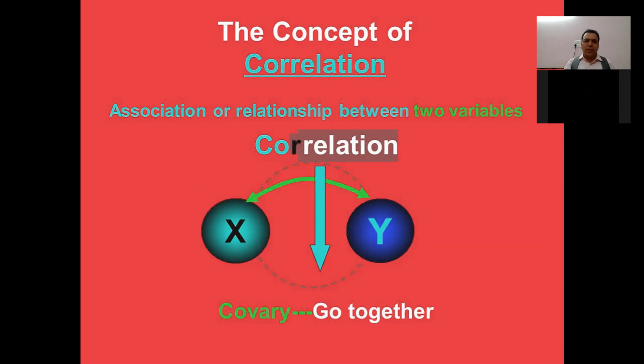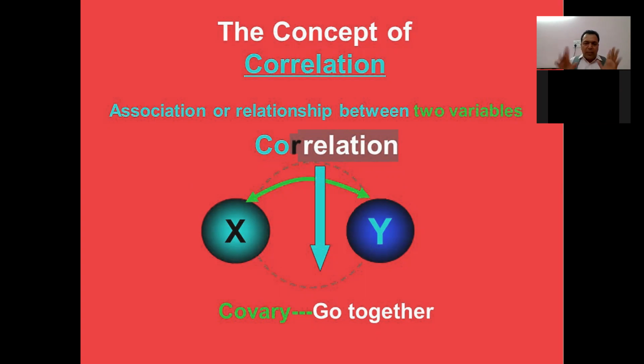With the help of correlation we find out how much relationship, how much association exists between the two variables, right? So I will explain with the help of an example. For example, you want to study the impact of intelligence on the academic achievement of students of sixth class.